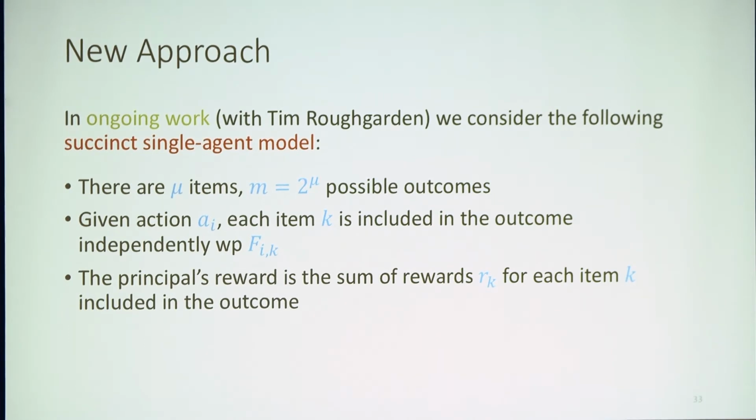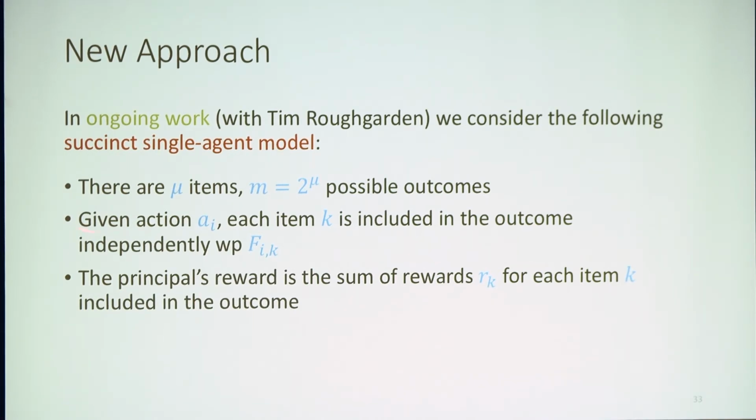So we consider the following succinct single-agent model. This is the ground set version of the problem. So we have m items, and then subsets of items would be exponential in this. So we have m possible outcomes, so this is 2 to the power m.